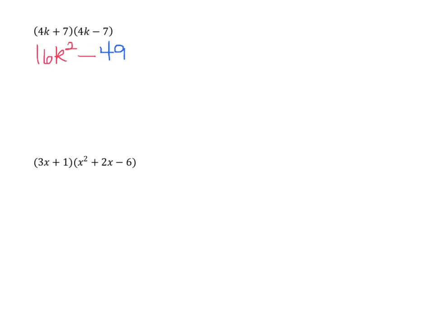This last problem, it's not as difficult as it looks, and if you're organized, you can simply distribute first times first, first times second, first times third, second times first, second times second, second times third. It's not that hard. But I will show you another method. We call this an area model.